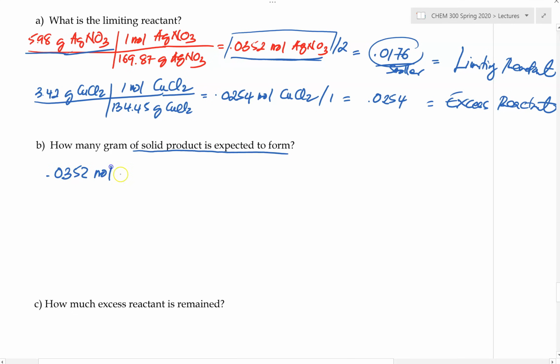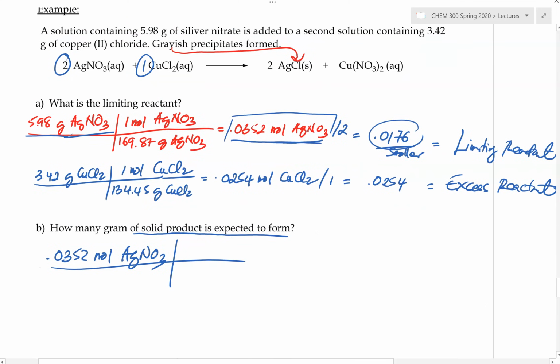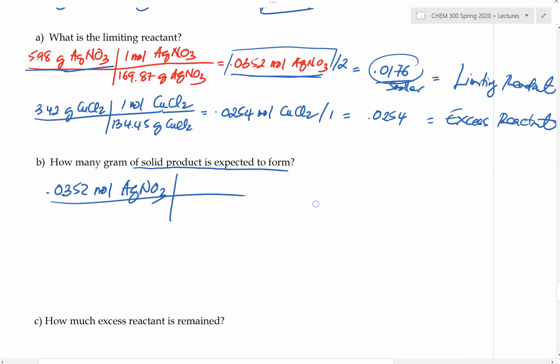So we know that the silver nitrate is the limiting reactant, and we have 0.0352 mole of silver nitrate. And again, if you were to start from gram of silver nitrate, that is fine too. We have to do the same calculation using the molar mass as well. And now we can see from the balanced chemical equation, we are solving for the gram of silver chloride, right? Because this is the solid product. And right now, 2 mole of silver nitrate will be producing 2 mole of this product. So for every 2 mole of silver nitrate, it will be producing 2 mole of silver chloride.